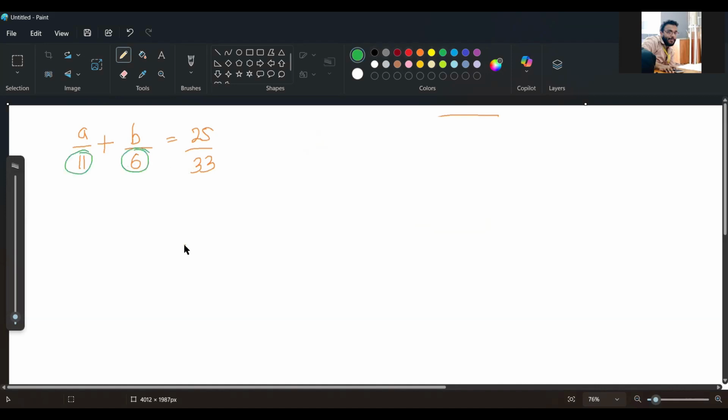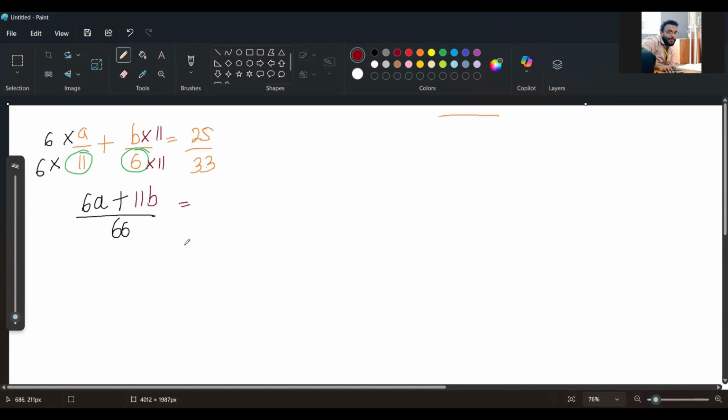For 11 to become 66, it should be multiplied by 6, so here also multiply by 6: 6 into A, 6A. Is that clear? Then 6 should be converted to 66, so multiply by 11, and this value also should be multiplied by 11: 11b. Is that clear?